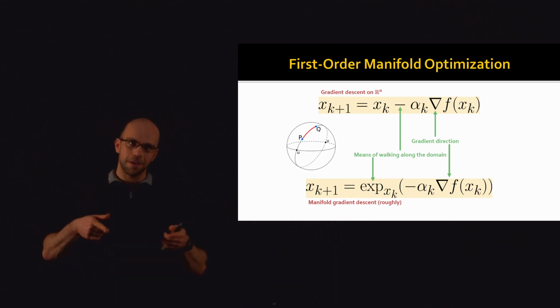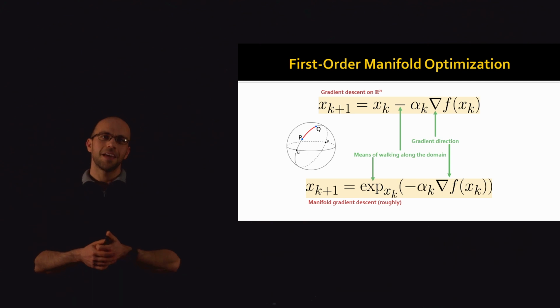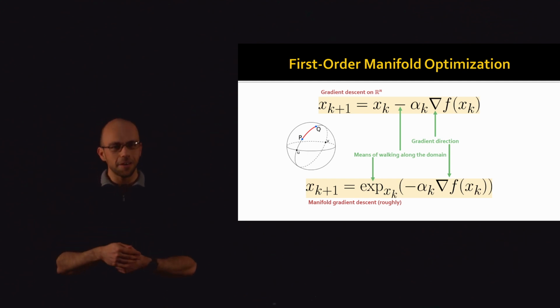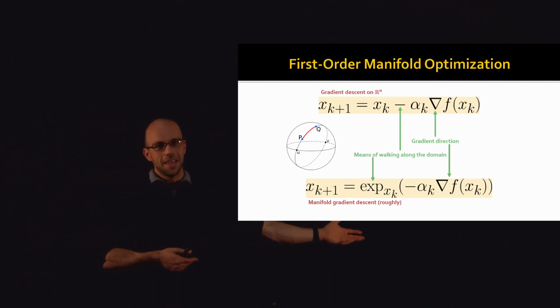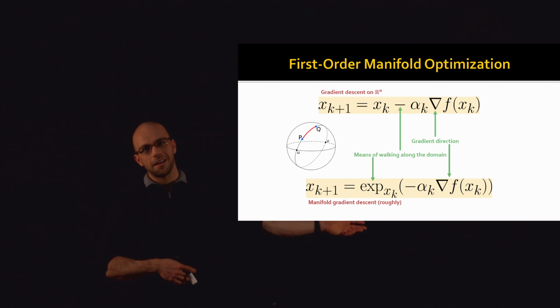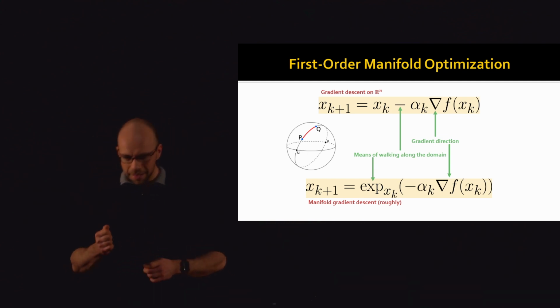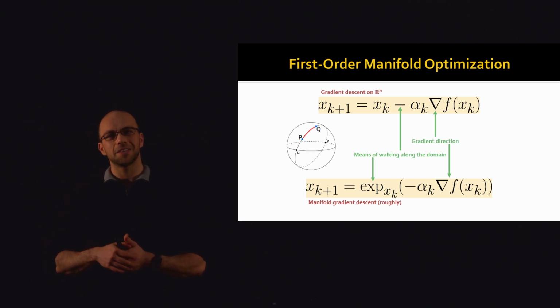That's what's inside of parentheses here. And what does it do? It moves along the geodesic curve on our manifold, starting at xk, in this minus alpha k grad f direction for a distance that's equal to the norm of that vector.